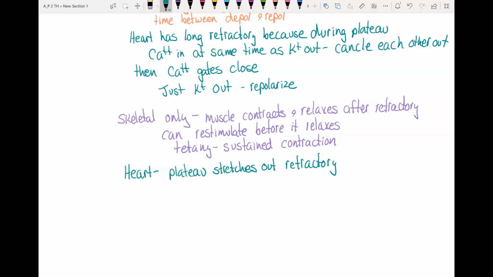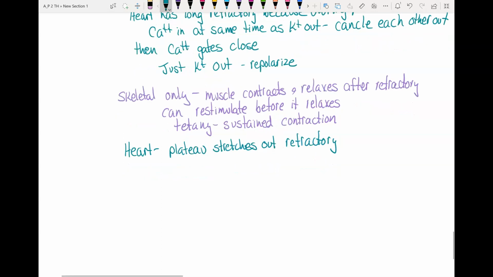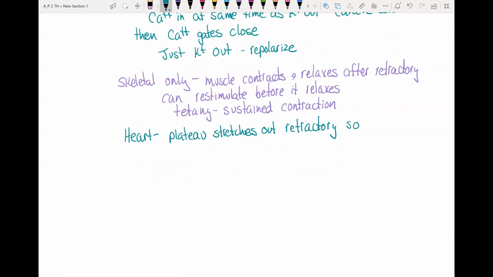So because the plateau is stretching out the refractory, the muscle has time to relax before it can be re-stimulated. That means you cannot sustain a contraction.